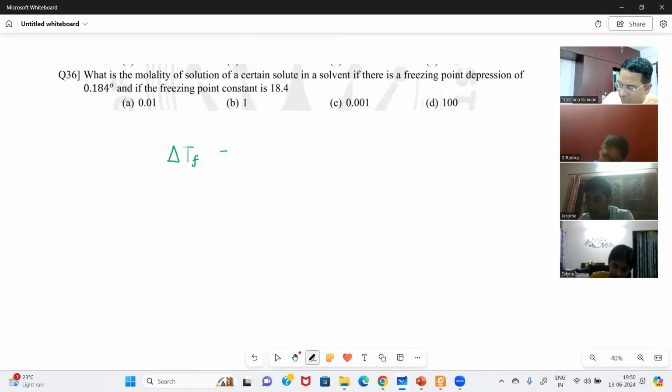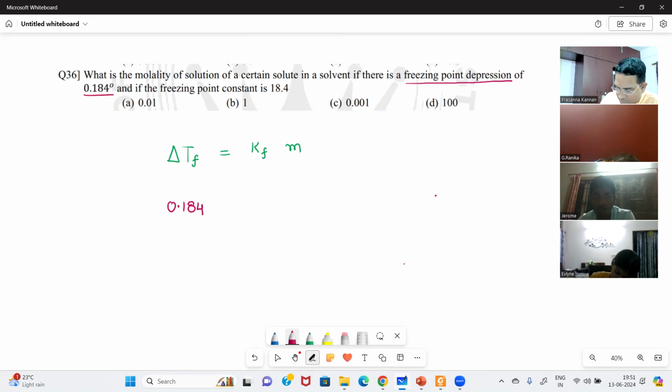We know that delta Tf is equal to Kf into molality. Here what is given? Freezing point depression is given, which means delta Tf is given, that is 0.184 degrees Celsius or Kelvin. Freezing point constant is 18.4. We need to find the molality. Very simple question. So molality is nothing but 0.184 divided by 18.4.